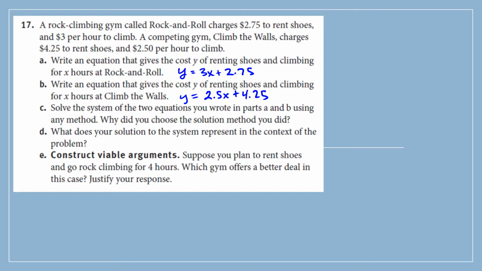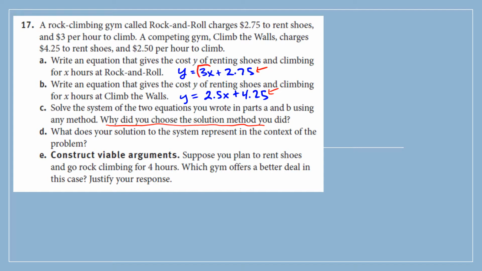All right, now we're going to solve the system using any method. And I'm going to choose substitution because these cross the y-axis at 2.75 and 4.25, and then when I start going up 3 and over 1, it gets too messy for me. So that's my justification for why I'm choosing substitution, because the y-intercepts are non-whole numbers, so that makes them tricky.